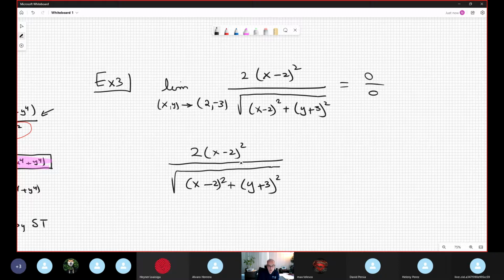And this is a fraction. This fraction is positive, it's obvious, because any expression squared is positive, and the square root you take the positive part, not plus or minus. It's positive. But if you, for example, ignore that part, well, we have 2 times (x minus 2) squared divided by the square root of (x minus 2) squared.